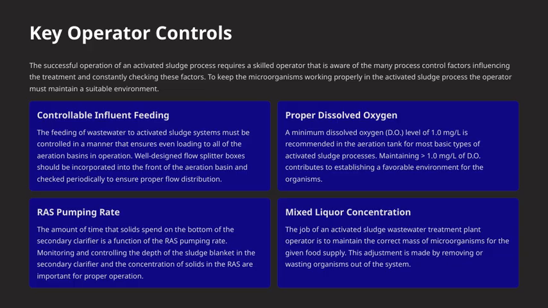The goal is to maintain the right amount of microorganisms relative to the food supply, which is the organic matter in the wastewater. This often means removing excess organisms through wasting, ensuring the microbial population remains balanced for optimal treatment. All these controls are interconnected and vital for keeping the process running smoothly and efficiently.